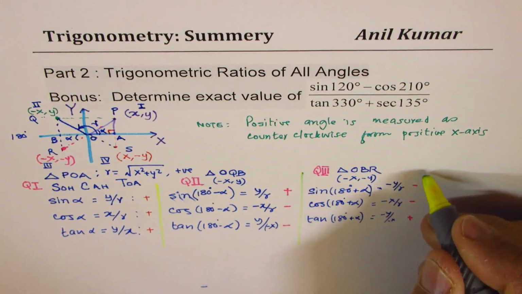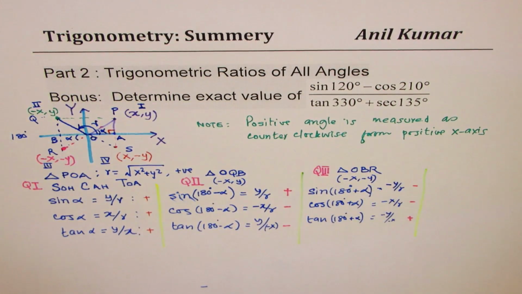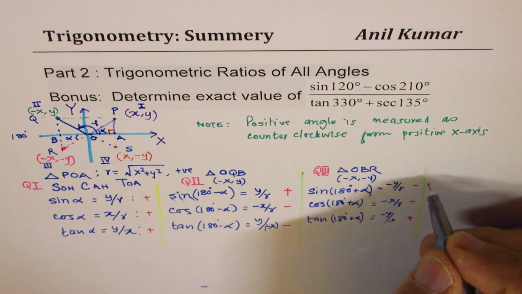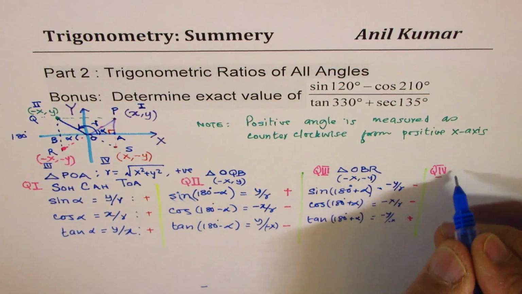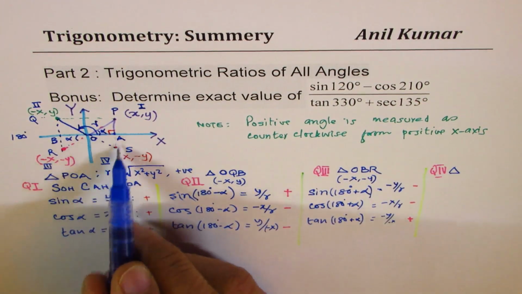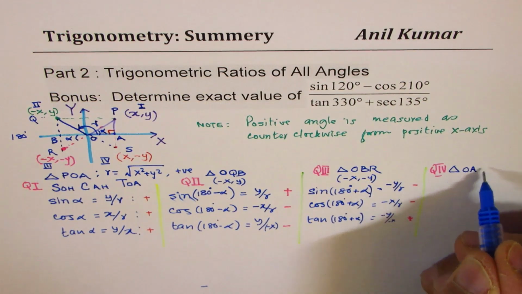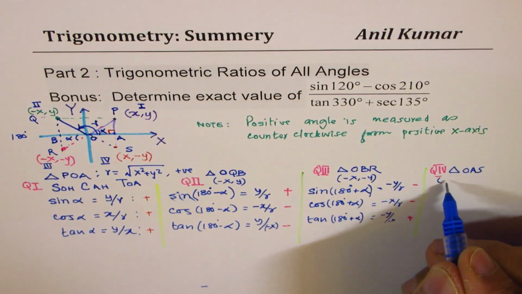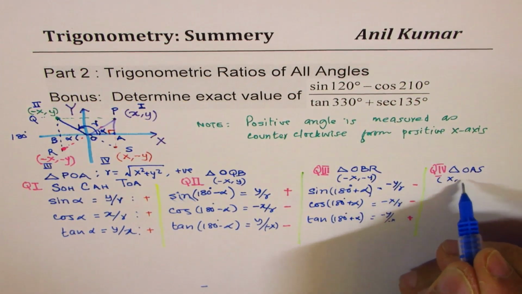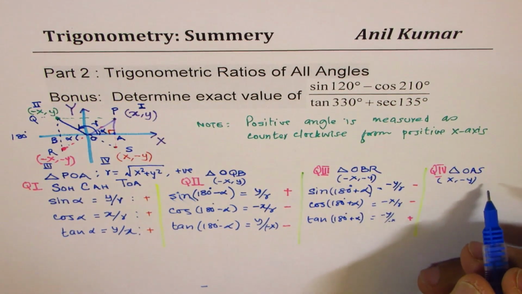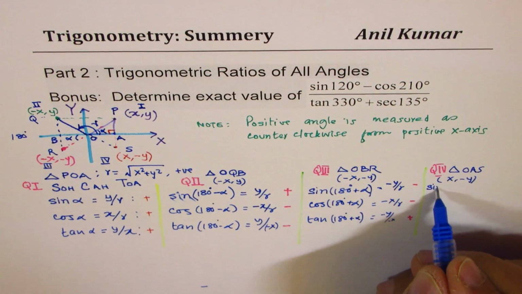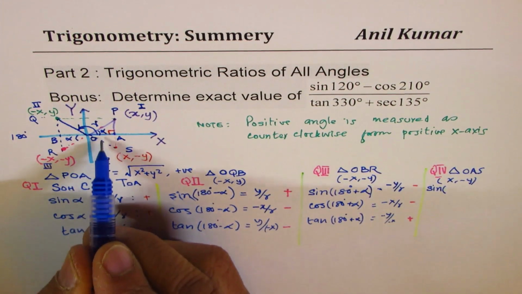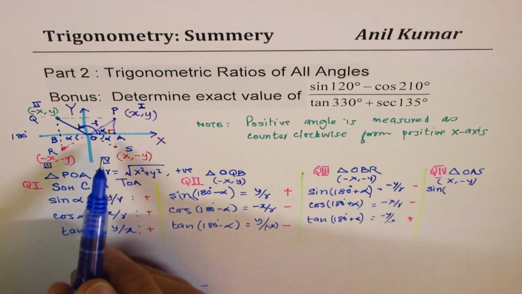Now if I move on further to quadrant 4, which should be the triangle OAS, we are talking about the coordinate point where x is positive, y is negative, and r is always positive, correct? So in this particular triangle, this is alpha for us, that's the acute angle.